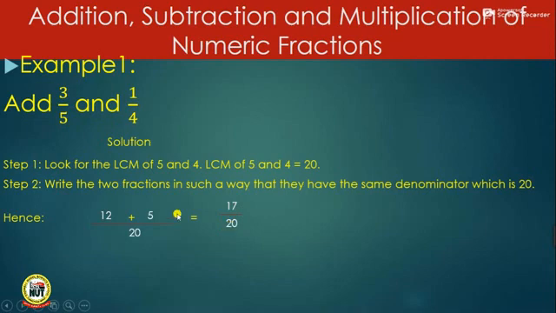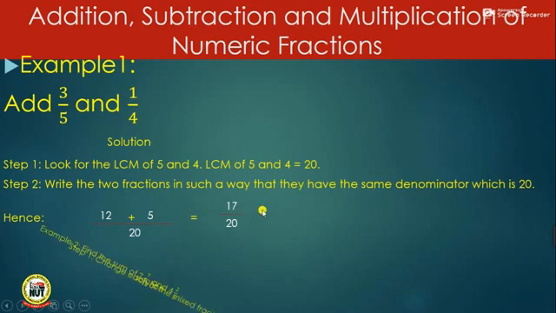Basically, we first got the LCM, then wrote the two fractions with the same denominator, and then added the numerators together because the question said we should add. That was how we arrived at 17 all over 20.